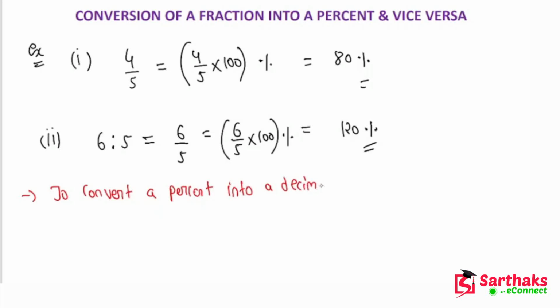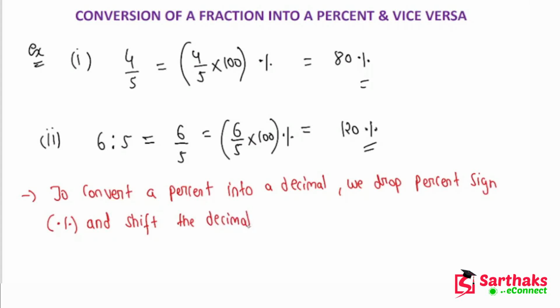To convert a percent into a decimal, we drop the percent sign and shift the decimal point two places to the left, right?